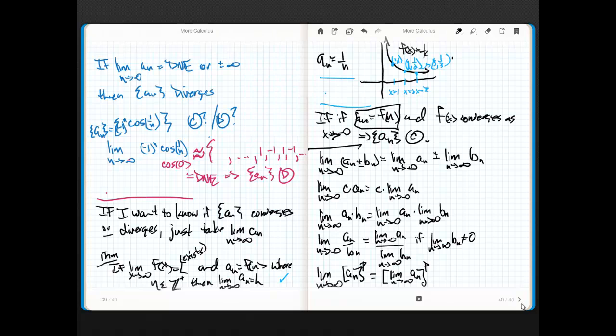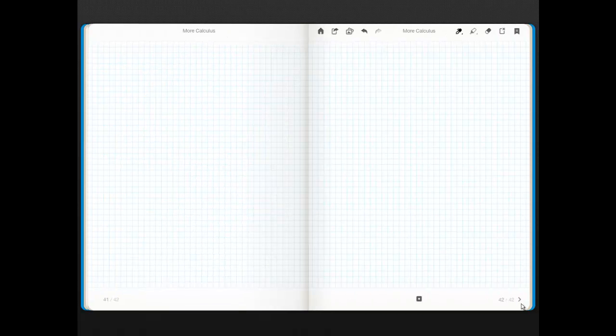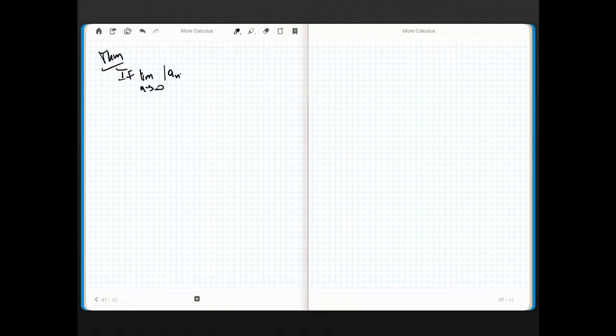Okay, now let me give you one more theorem and then just show you how well these work. And then basically we've got some just interesting little definitions to do, and then we're all set. Okay, this is a really powerful theorem too. It is the theorem: if the limit as n approaches infinity of the absolute value of a sub n is equal to 0.